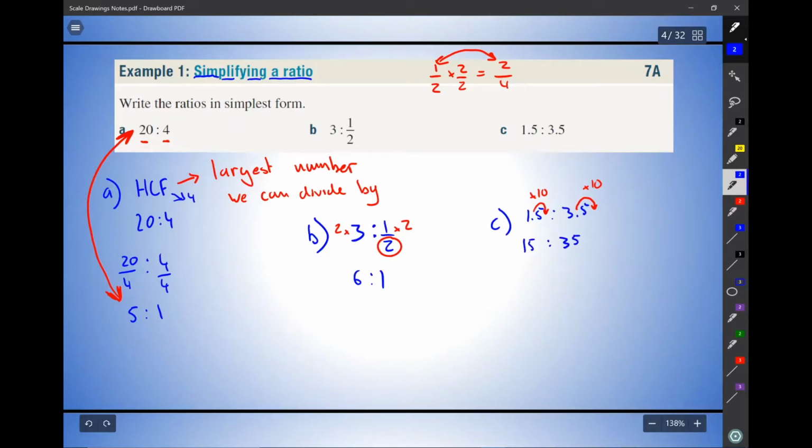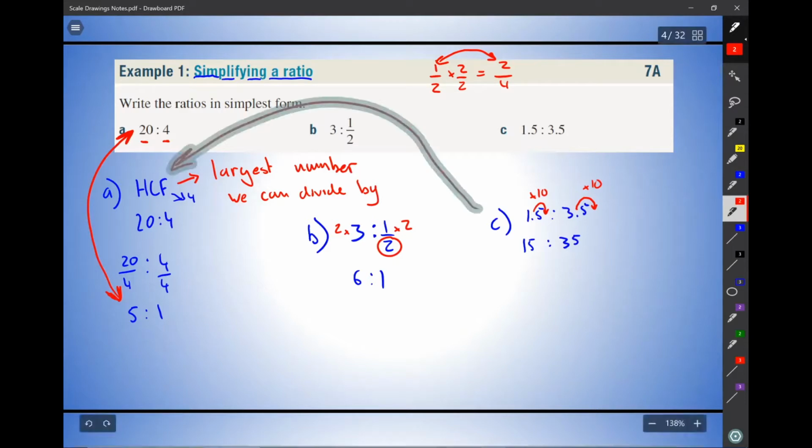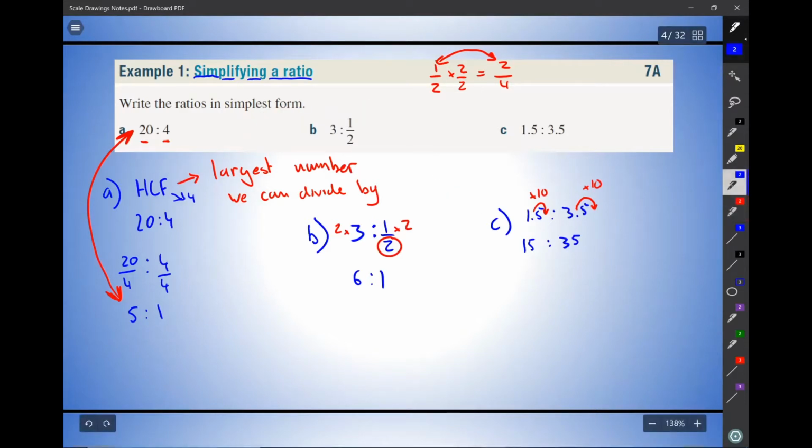And now we follow the same process that we did over here, looking for the highest common factor of 15 and 35. What's the largest number we can possibly divide both of these by? The answer here is 5, and then we divide both of them by 5. And now this ratio is also in the simplest form.